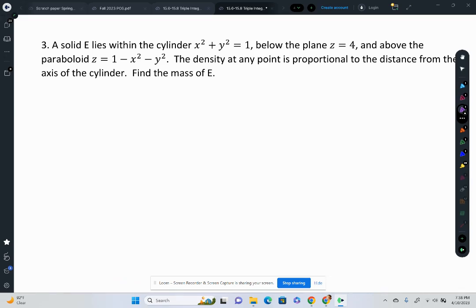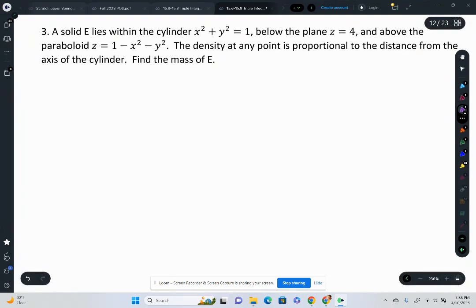The density at any point is proportional to the distance from the axis of the cylinder. Okay, so this is a mass problem. Not a center of mass, thank goodness. But it is a mass problem, and we've got to get this shape figured out. So it's within the cylinder, below the plane, and above a paraboloid.